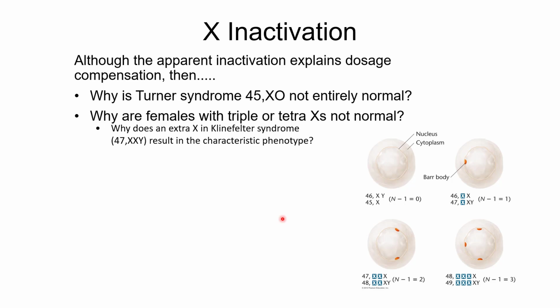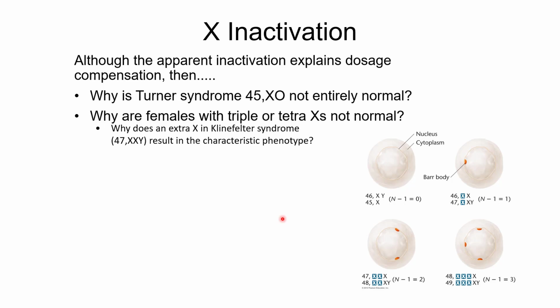Now, if we have inactivation of one of the X chromosomes, then one question we have is why is Turner syndrome, so when we only have a single X, why are they not entirely normal? Because you only need one X. So if a female is only born with one X, why does it matter if she only needs one?